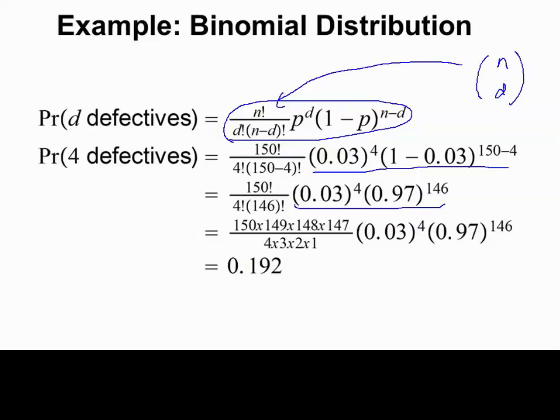Now you could do some canceling here, because once you get to 146 factorial, those cancel. But this is still a really large number. When you multiply all this together, you end up with 19% roughly. So that means there's a 19% chance that you would find exactly 4 defectives out of 150 if the underlying proportion defective were 3%.